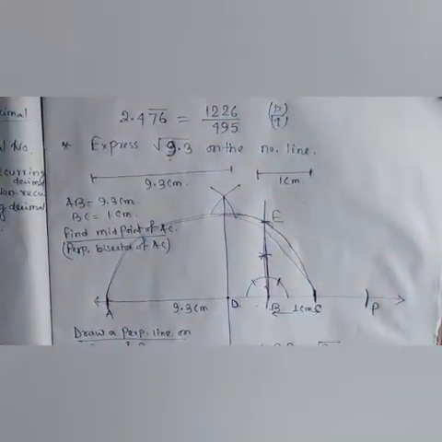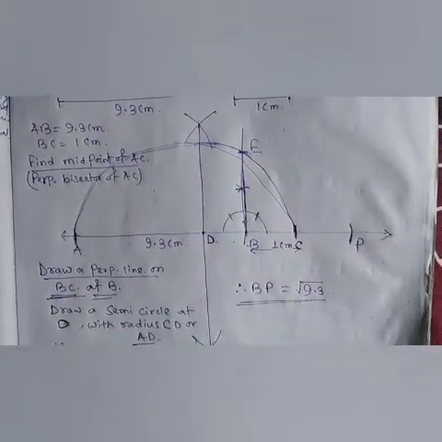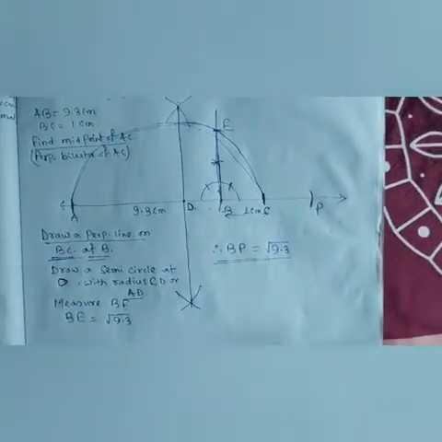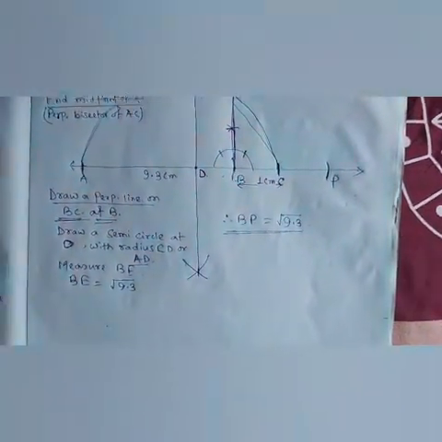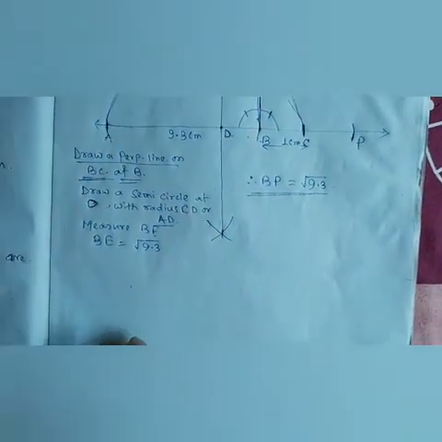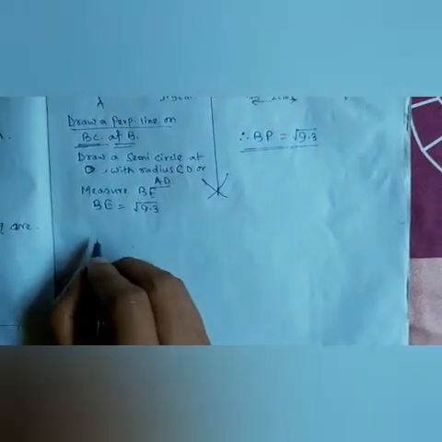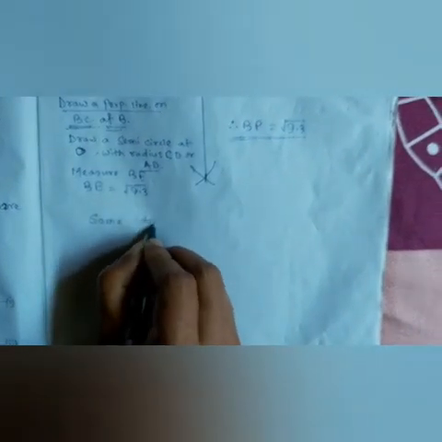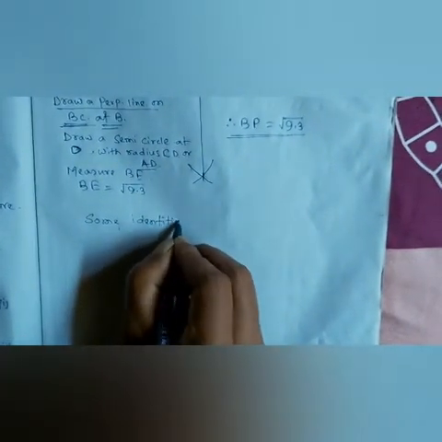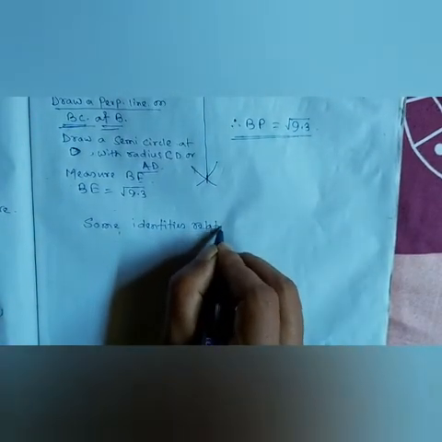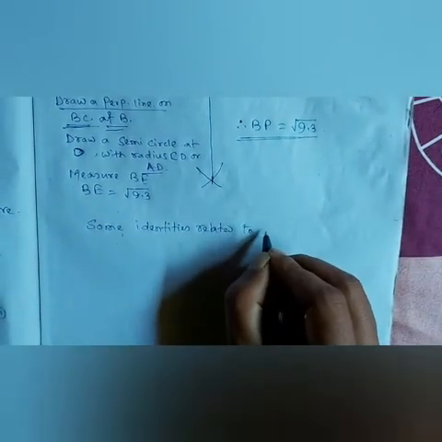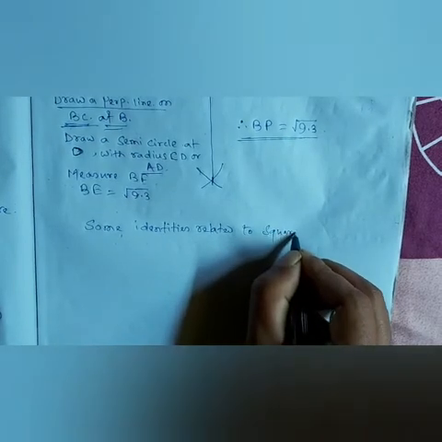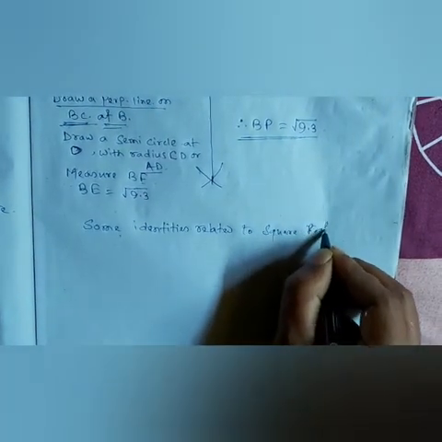Okay, now I'll discuss the last part of the number system. This one is some identities related to square roots.